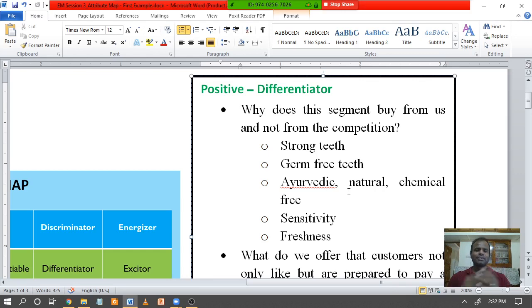For example, if you're buying Colgate toothpaste and a 100-gram Colgate toothpaste is 100 rupees, when your father or mom goes to the market the next time, because they make the buying decisions most of the time, and they see Patanjali toothpaste priced at 94 rupees, they will say, it's just 5 rupees more.